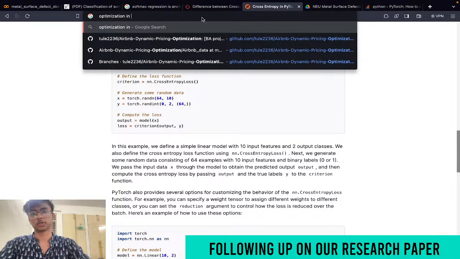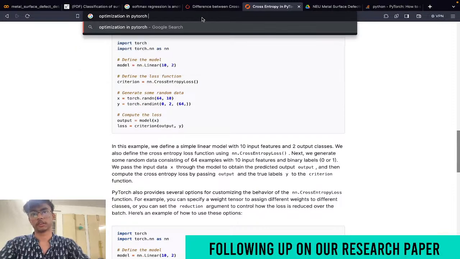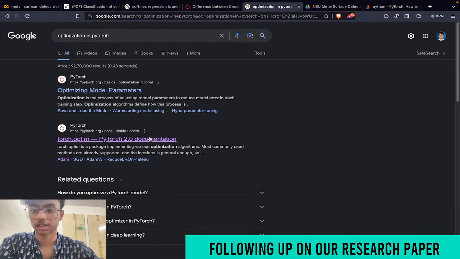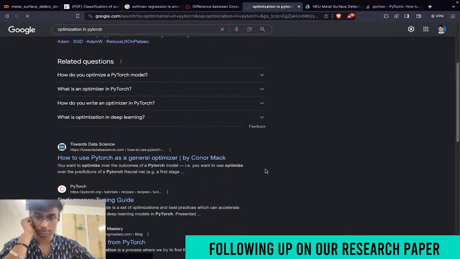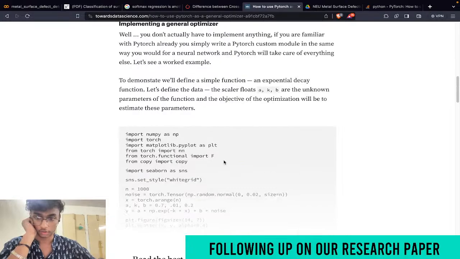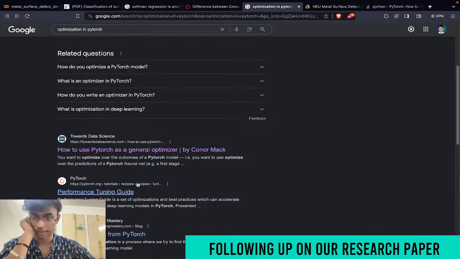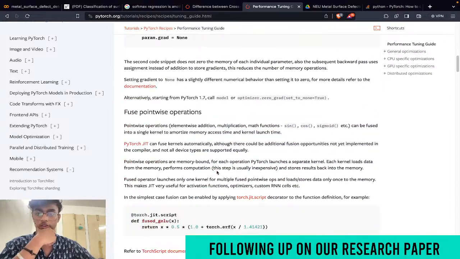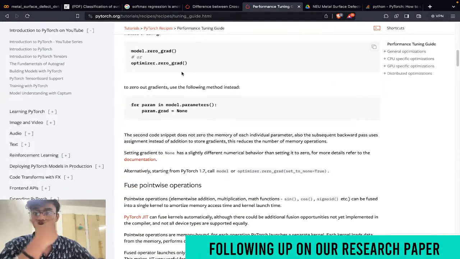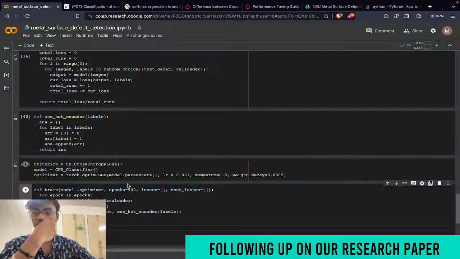I've forgotten most of this, I haven't looked into it for a long time. I'm just trying to make sure I don't make any silly mistakes. That's the whole point. I don't want to keep going on coding and just find out that I made a stupid mistake earlier. Yeah, I see. Optimizer dot zero grad. I completely forgot this.